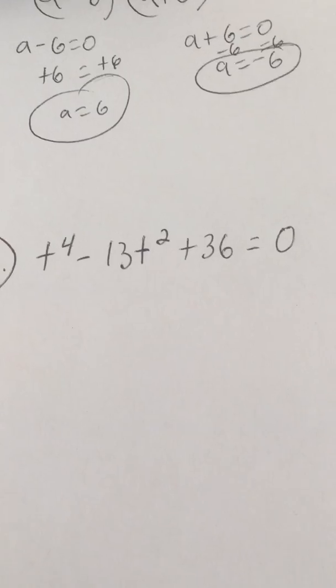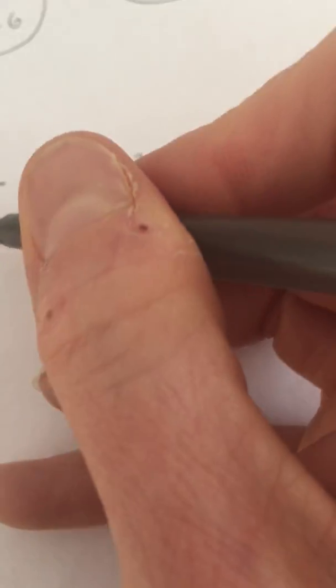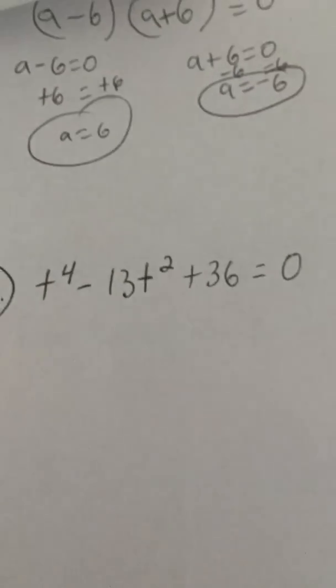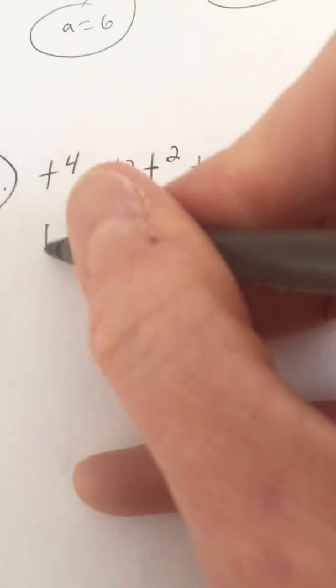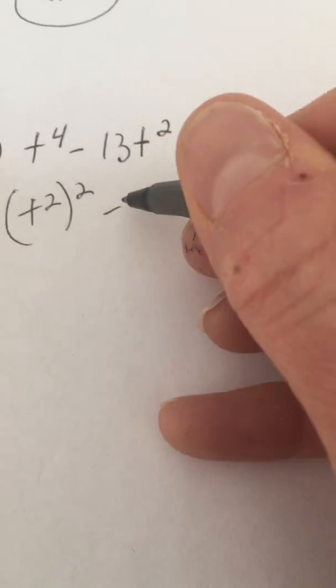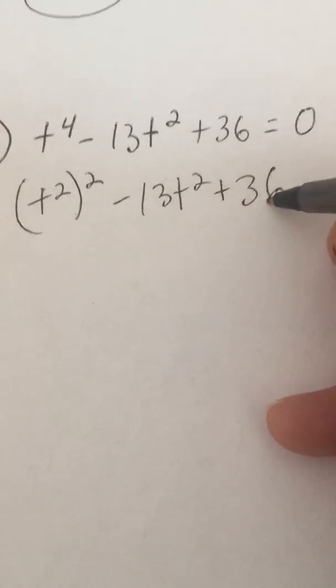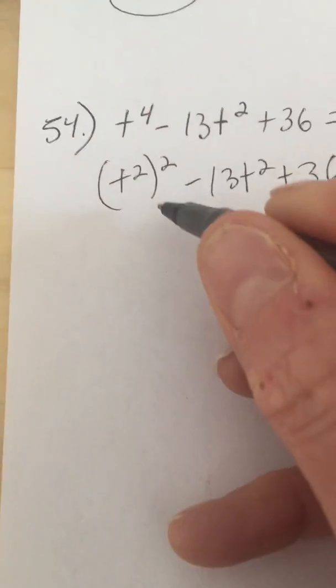I had to go back and reread the notes because I forgot about that whole substituting the u to make it simpler. So u substitution. What I'm going to do is call this t squared squared minus 13t squared plus 36. And then I'm going to substitute in the u.